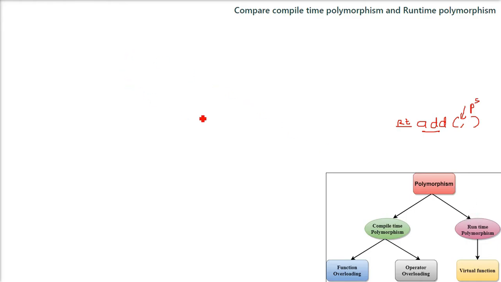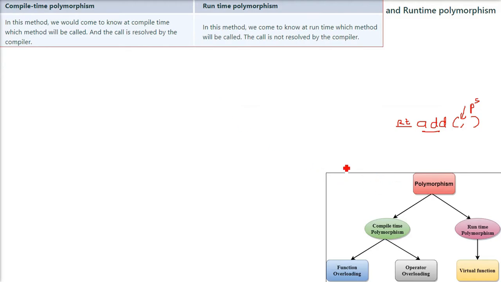Let me tell you the difference one by one. First, in compile time polymorphism, we come to know only at compile time which method will be called. That is, you have written a program, then in your IDE you have compiled it. When you compile it, you have not run it, you just check for errors, whether it is working fine or not. It is not given to the processor to work, only compile time.